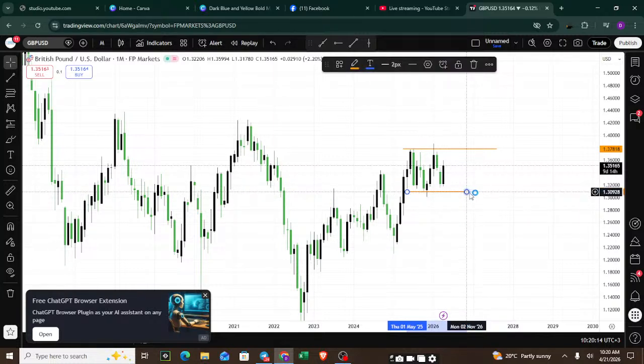So price is in a state of consolidation. For how many months? From May 1 possibly to, so a whole year. So from May 1, 2025 to May 1, 2026.